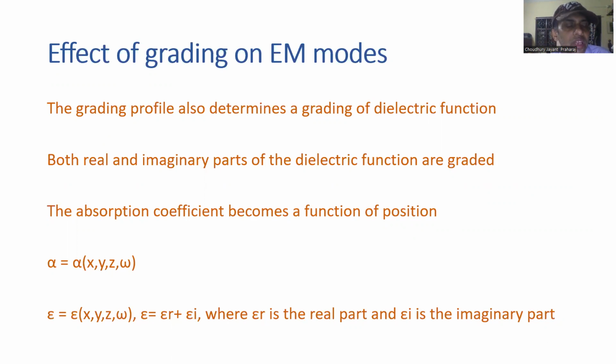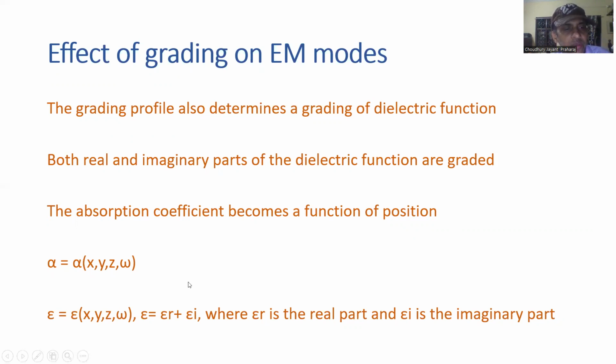Now, to keep in mind that both the real part of the dielectric function and the imaginary part of the dielectric function are graded in these device layers. And so you can see that the absorption coefficient becomes a function of position in these materials, and especially it becomes a function of the position measured from the top, in the direction from which the solar photons are incident.